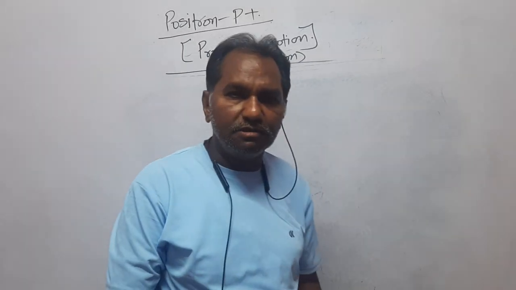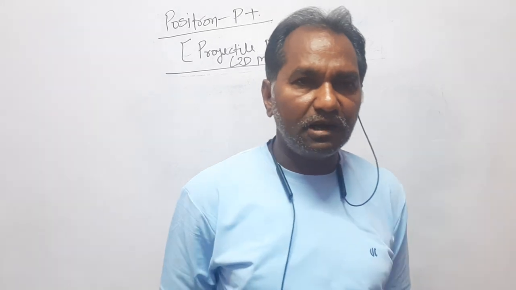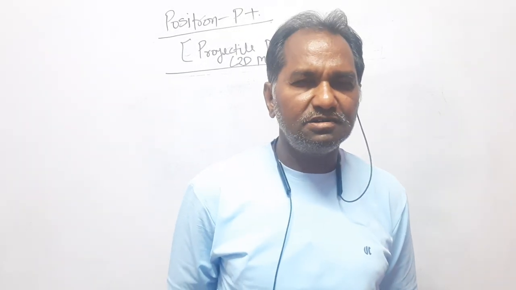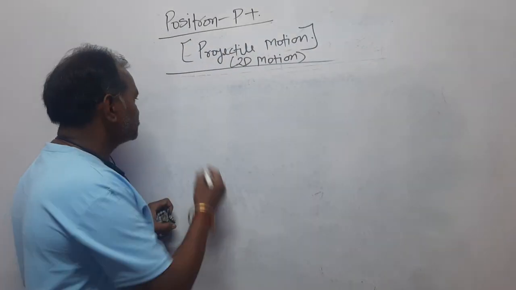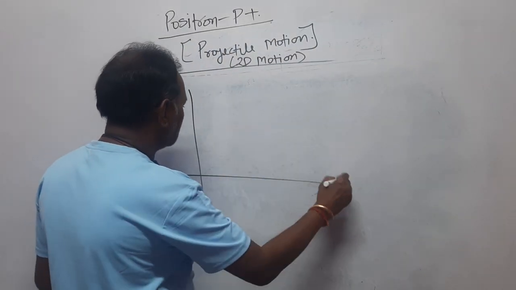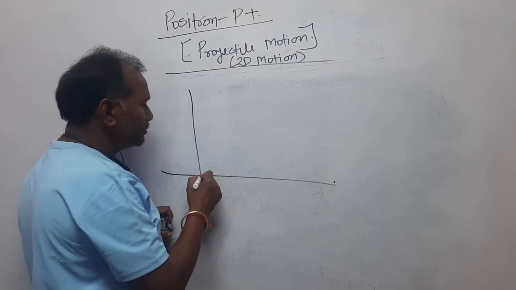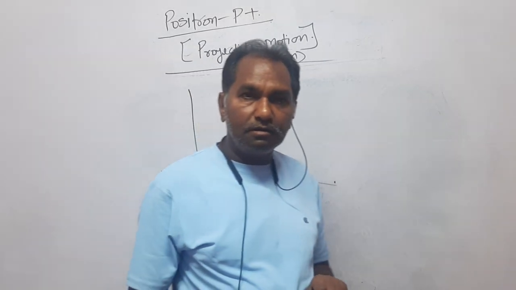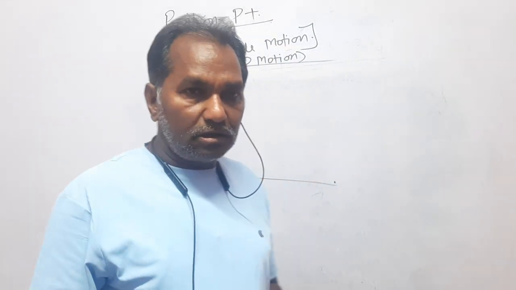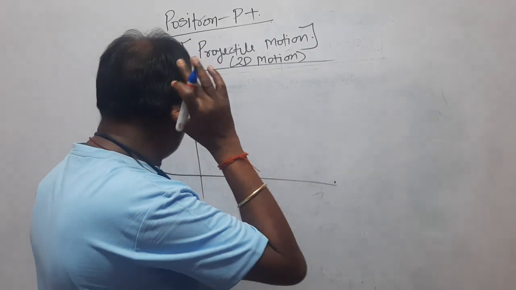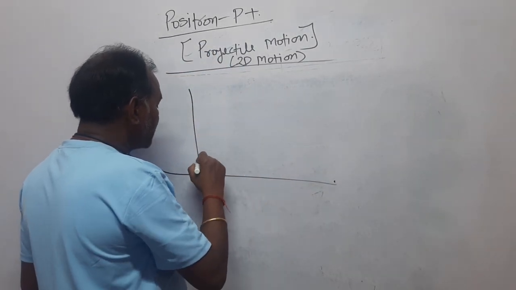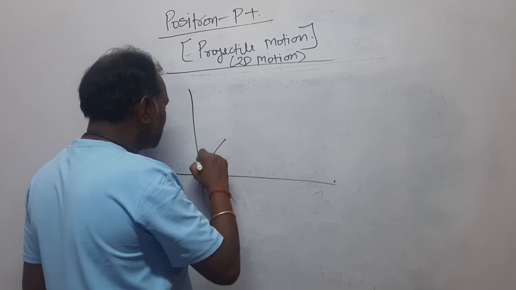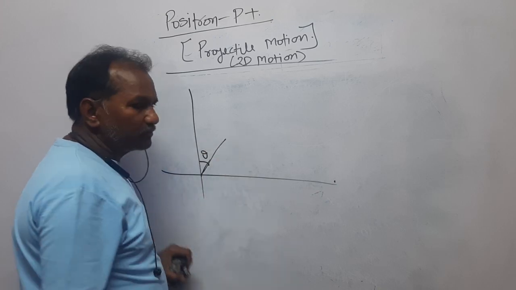Dear student, the question is how it is a two-dimensional motion. First we have to prove what projectile motion is and how it is a two-dimensional motion. Look here: a body is projected making an angle theta from the vertical.